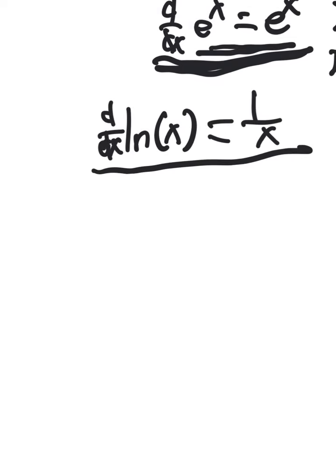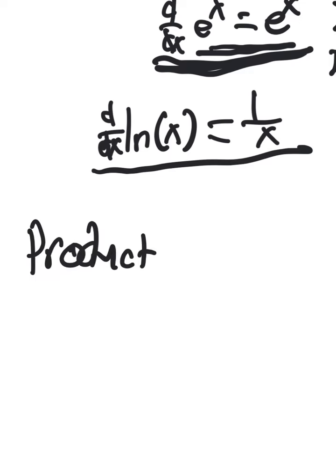And then the next thing is another thing that we won't really show the full derivation for. I can link a video in the description that I think is helpful if you really want to understand where this comes from. But in reality, you're not really going to need to derive this on the test. You can just apply it. So there's something called the product rule. Forgive my handwriting.